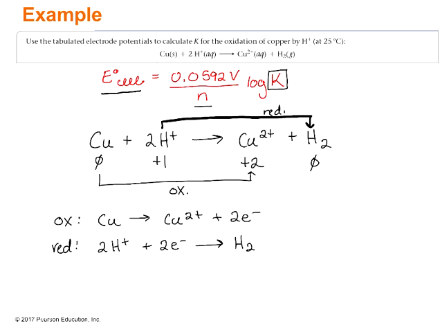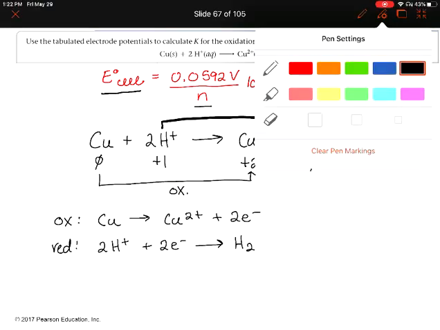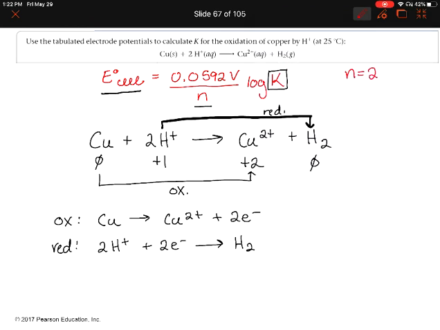And when copper loses electrons to become a 2+ ion, it loses 2 electrons. And when hydrogen ions are reduced, they gain 2 electrons. So luckily for us, the electrons balance out. So that means that n will equal 2 because 2 electrons are transferred. All right, so we found n. So I'll just write in red up here, n is equal to 2 moles of electrons.